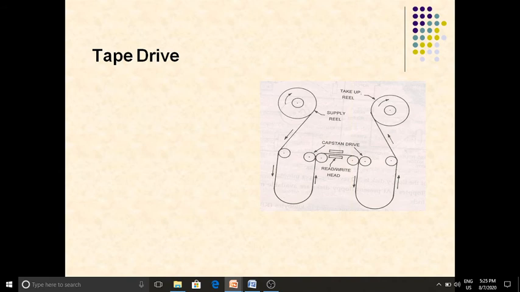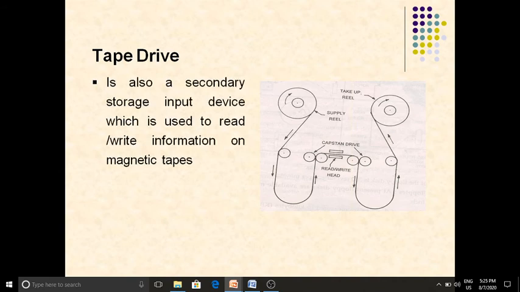The next slide discusses tape drives. A tape drive is also a secondary storage device which is used to read and write information on magnetic tapes.